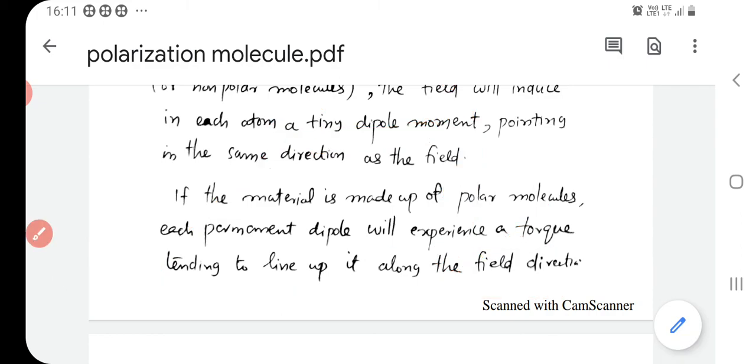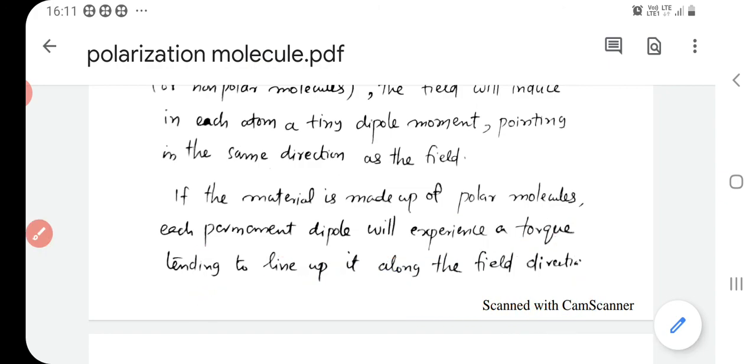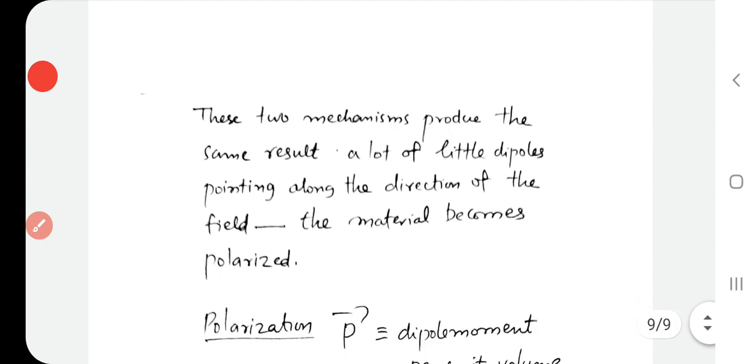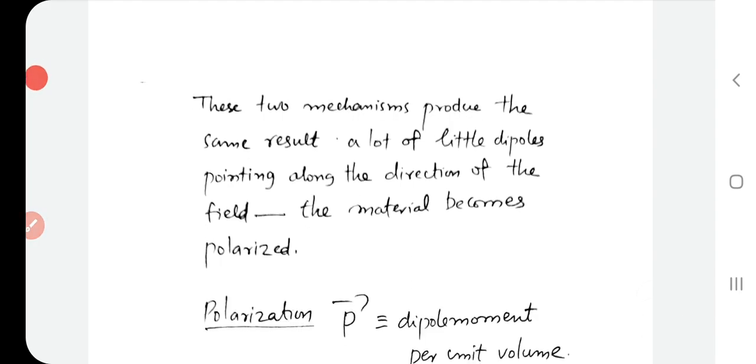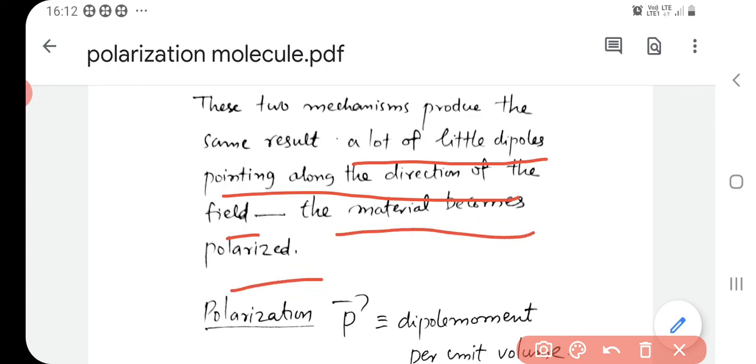So if the material is made up of polar molecules, each permanent dipole will experience a torque tending to line it up along the field direction. Okay. So these two mechanisms produce the same result: a lot of little dipoles pointing along the direction of the field. That means the material becomes polarized.